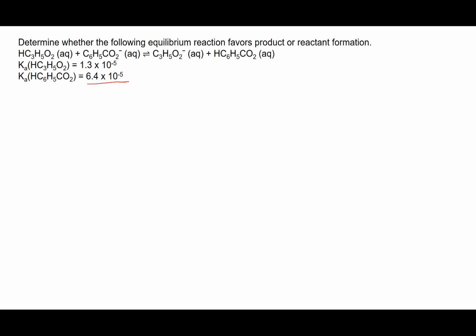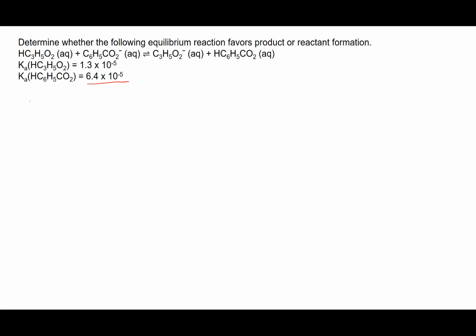But we can also simply go through and use these constants to calculate what the equilibrium value is in this case. For each one of these acids, the Ka is the acid dissociation constant, so that has a very specific meaning. It's reacting with water, and you form H3O plus and then the conjugate base.